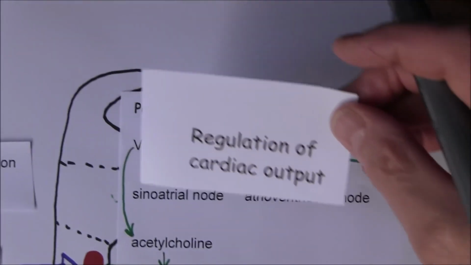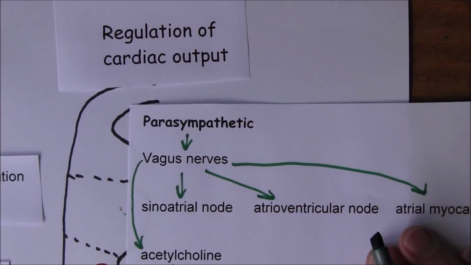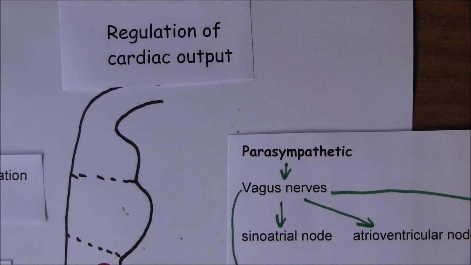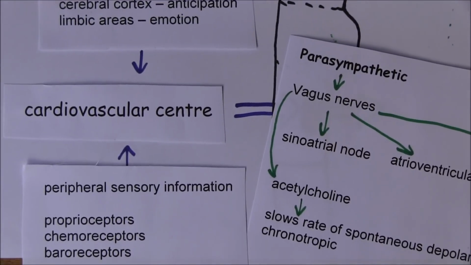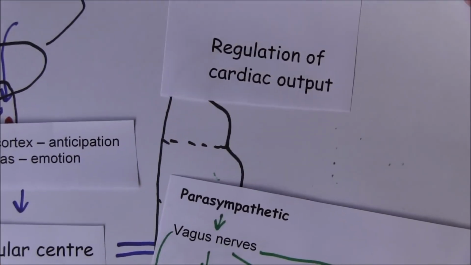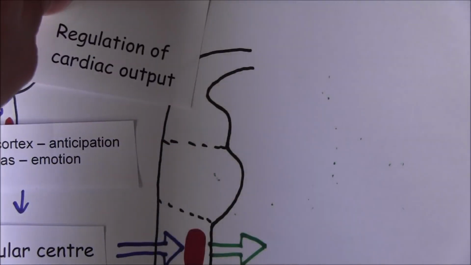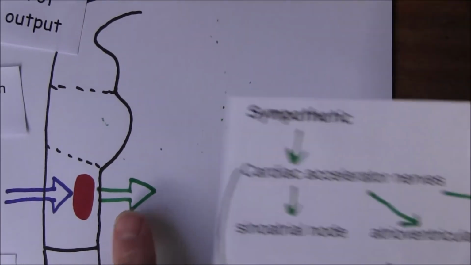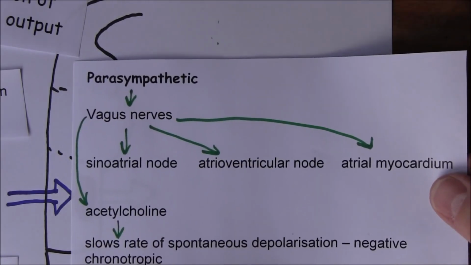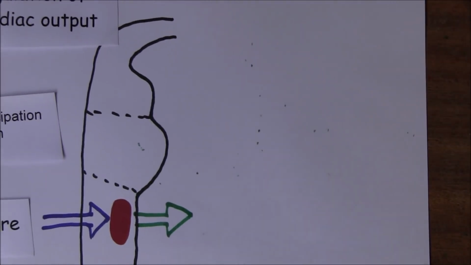So we see that regulation of cardiac output is controlled by this cardiovascular centre in the medulla oblongata of the brainstem. It has inputs from the brain above and from the peripheral nervous system below. And it regulates cardiac output by differential outflow of the sympathetic nervous system and of the parasympathetic nervous system. And there's an ongoing dynamic here, there's a balance.